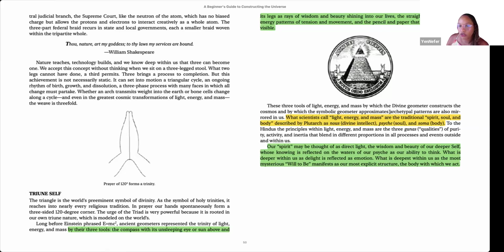We're the symbolic geometers when we construct these things with pen and paper with the three tools. Approximates archetypal patterns that are also mirrored in us. Okay, so we approximate those patterns. So what scientists call light, energy, mass are actually spirit, soul, and body.